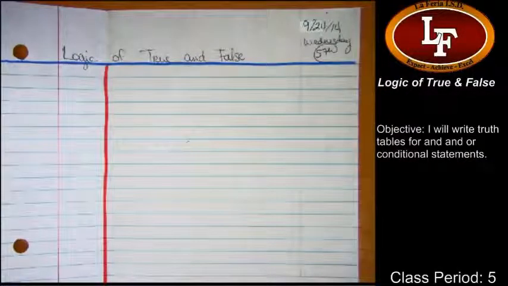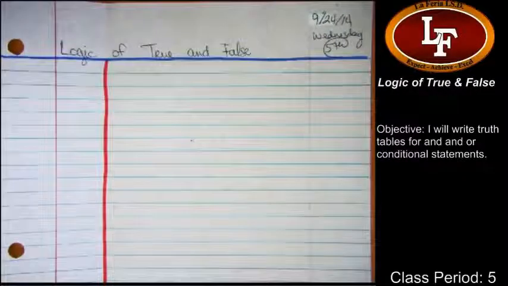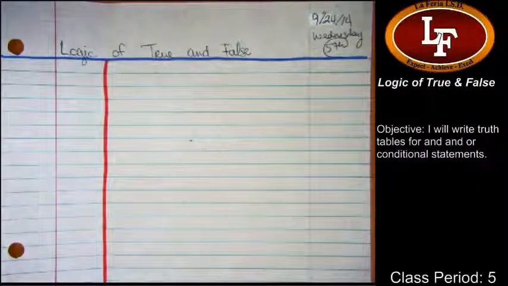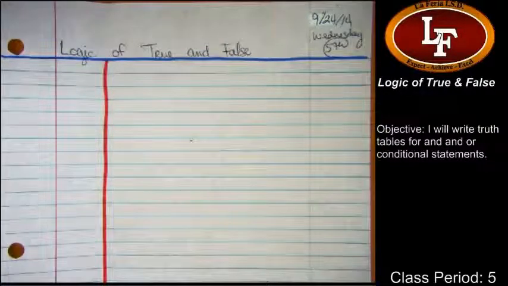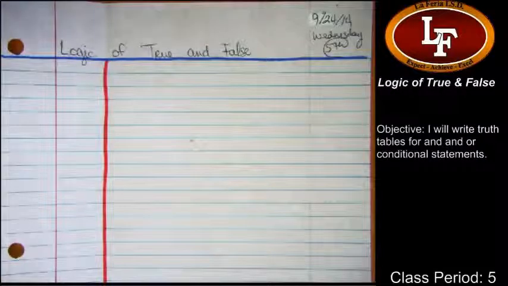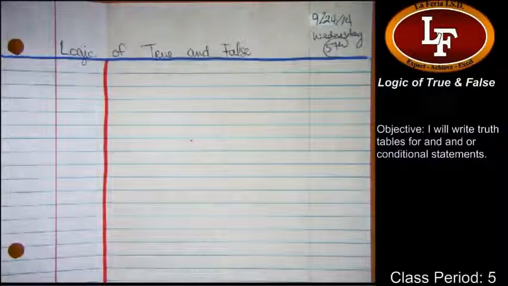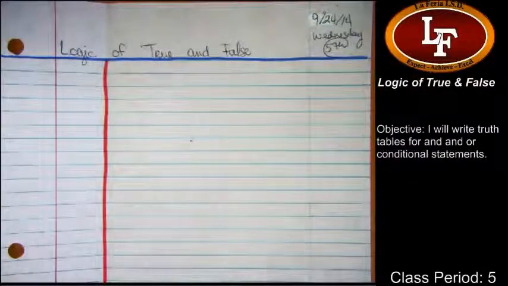All right, so yesterday we talked about conditional statements, those if-then statements, and today I want to take some time to talk about what happens when you look at a statement and you decide whether it's true or false, and you start using that to build arguments.